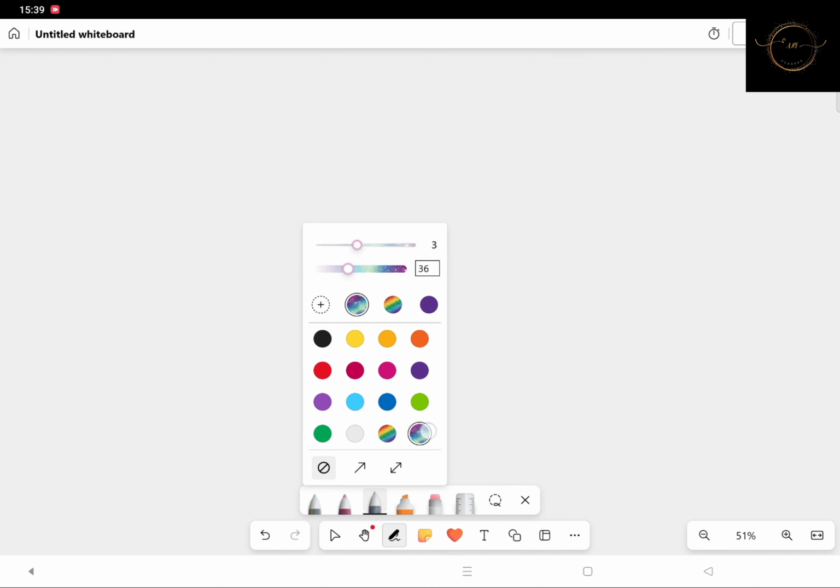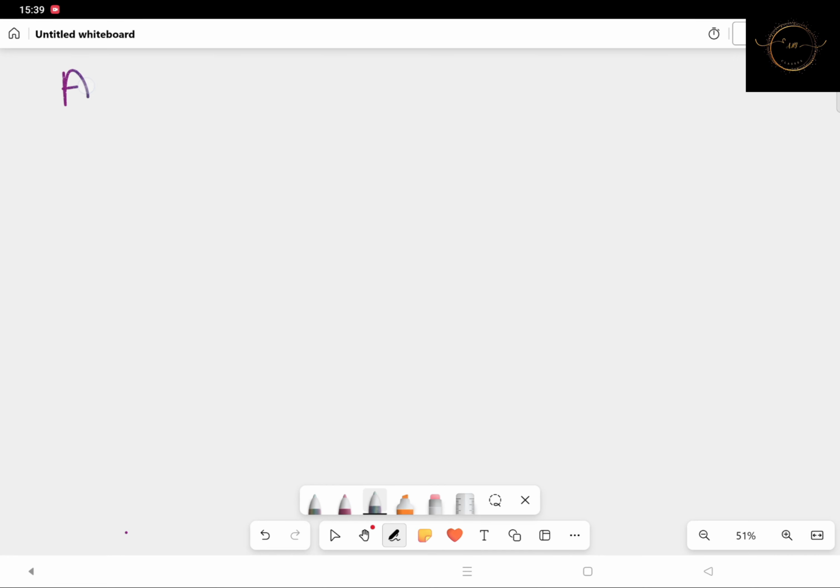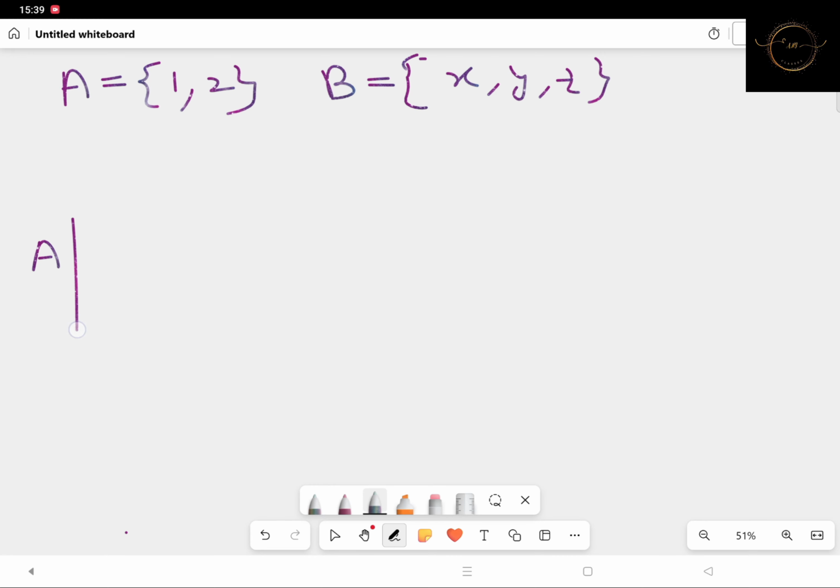Suppose it's given that A is again a set with elements 1, 2 and B is a set of 3 elements, suppose x, y, z. So you can write this in matrix form as well.